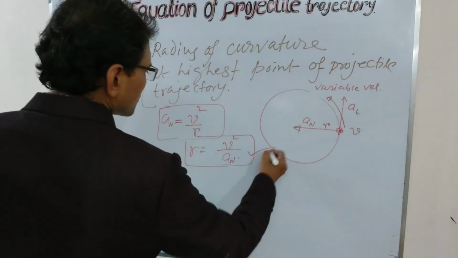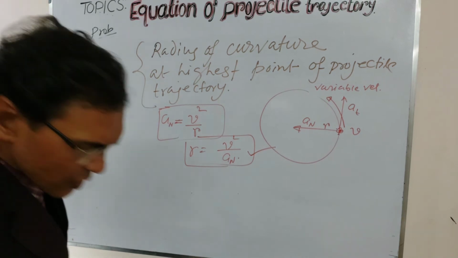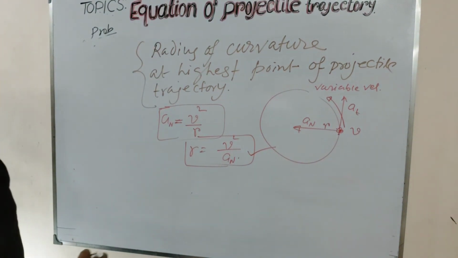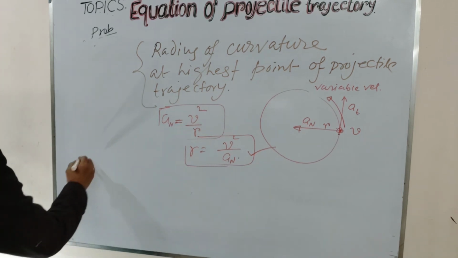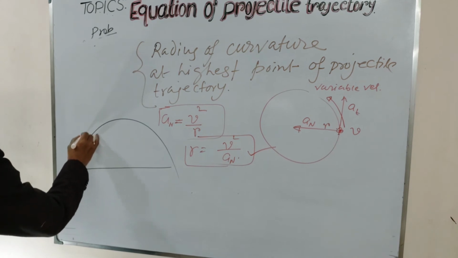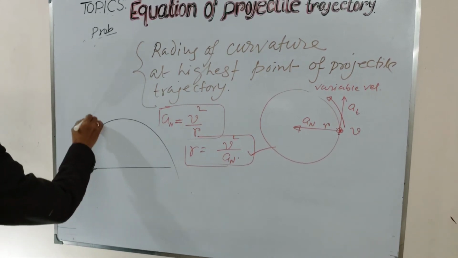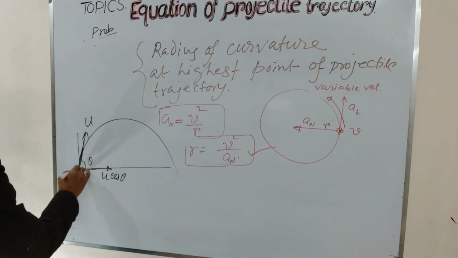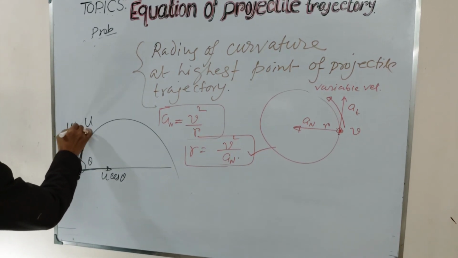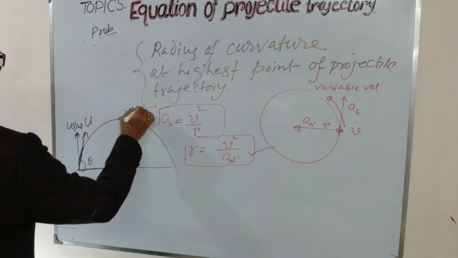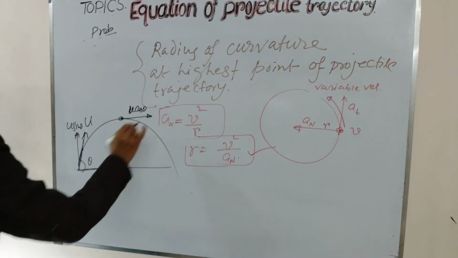We use this formula. Now in the trajectory of a projectile, what happens? This is u, this is theta, so this is u cos theta, and this is u sin theta. Now the velocity at the highest point is u cos theta, because the horizontal velocity remains the same at all points.